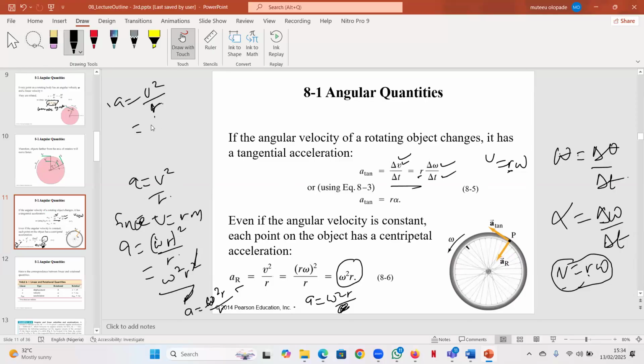You then have (Rω) squared divided by R, which is R squared ω squared divided by R. This cancels, so your A will be equal to ω squared R. And that is what we have here.